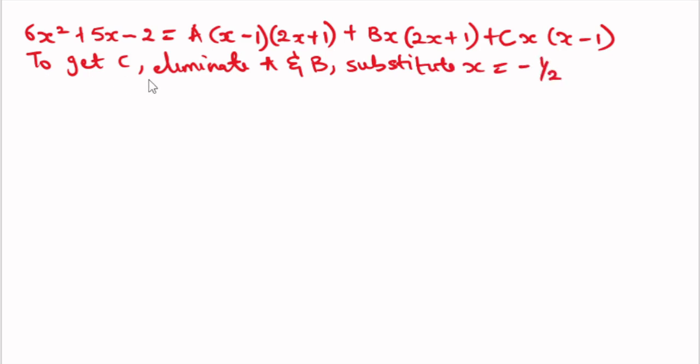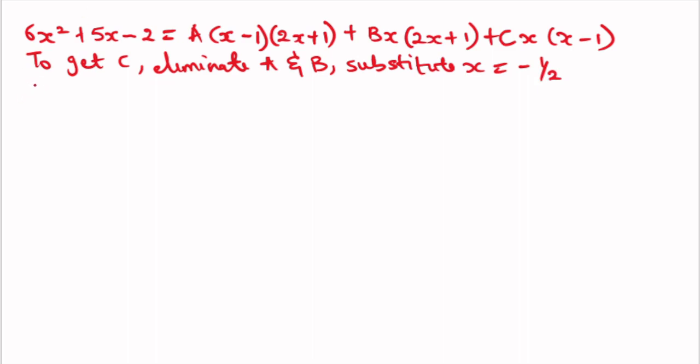Now to get c, we have to eliminate a and b by substituting x to be equal to minus half. So that way, if we put minus half as the value of x, our a and b terms become 0. So let's input the value for x as minus half in the expression.